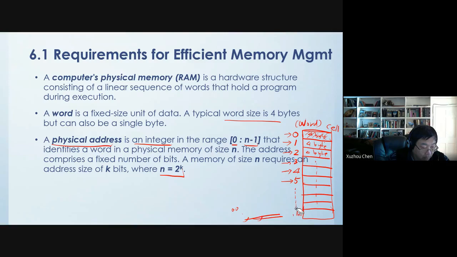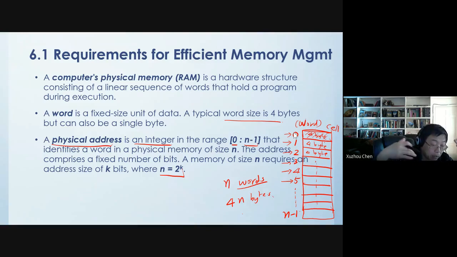The last one is n minus 1, so the memory contains n words. If each word is 4 bytes, you can say it's 4n bytes, right? Because each word contains 4 bytes, and you have a total of n words.